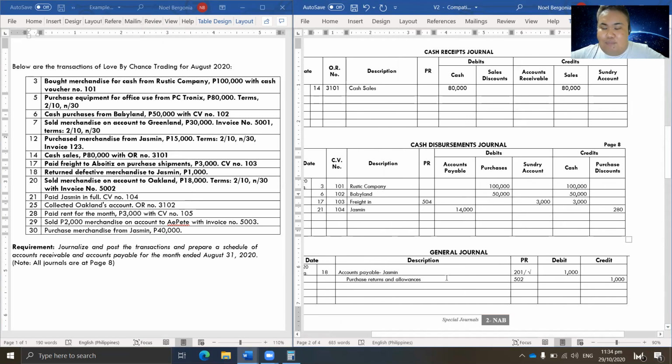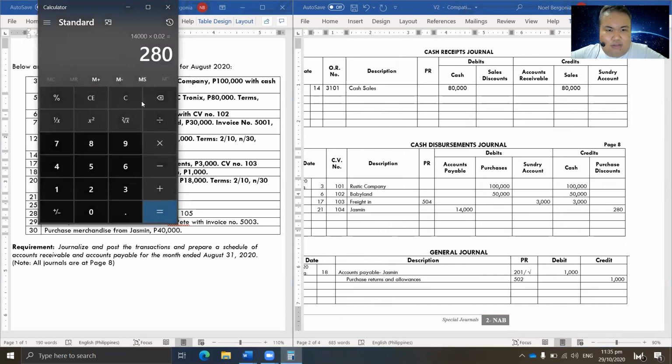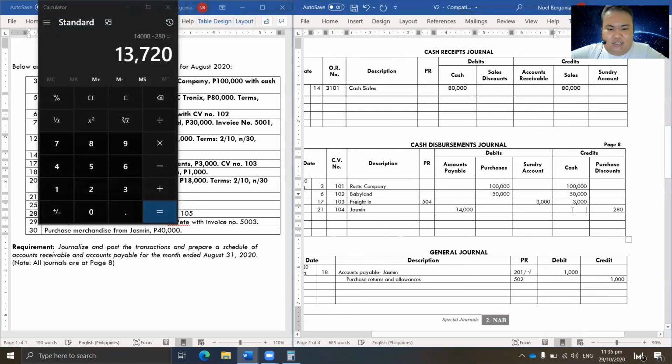So magkano na lang po yung babayaran natin? Okay, so kung bawas na po yung discount, so balikan lang natin, 14,000 na utang minus 280, no, na discount. So we need to pay 13,720. So yung credit to cash natin is 13,720 na. Okay, so ayan.